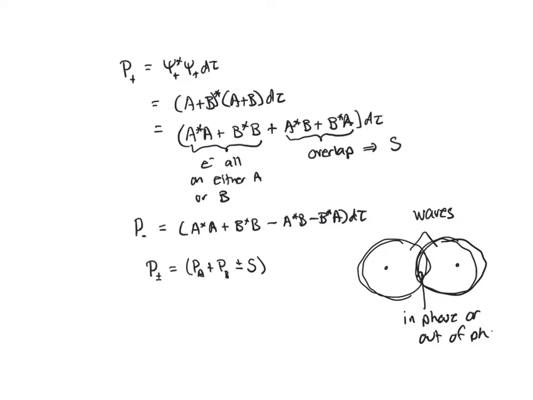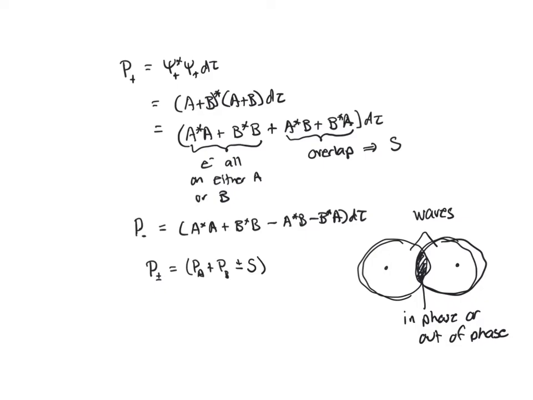If they're in phase, then their amplitudes add to produce a higher amplitude between the two nuclei. If they're out of phase, then their amplitudes subtract, leaving us with a node, a zero probability, between the two nuclei.